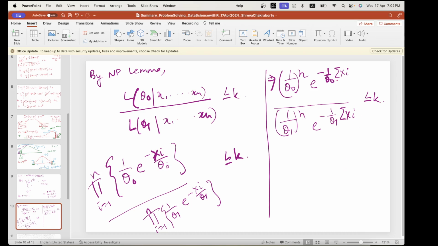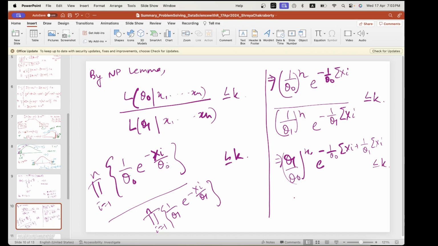So we can write this as theta 1 by theta naught to the power n, e to the power minus 1 by theta naught summation xi plus 1 by theta 1 summation xi. This is less than or equal to k.